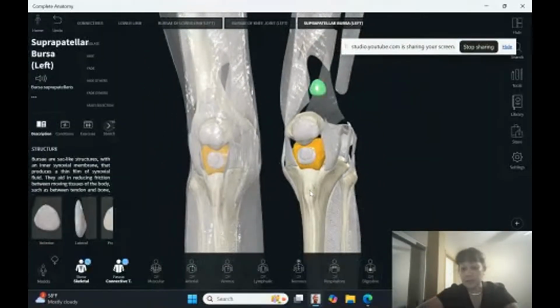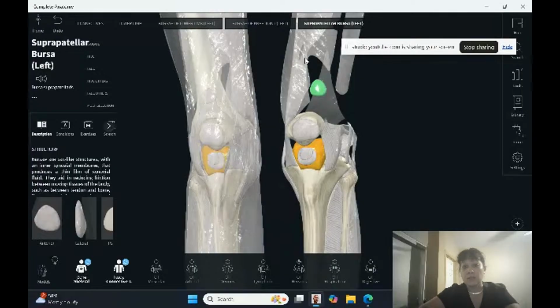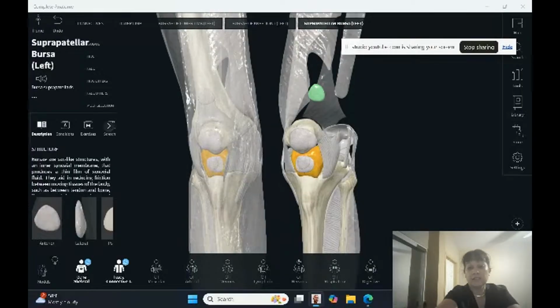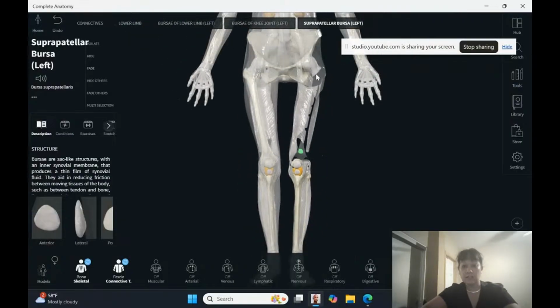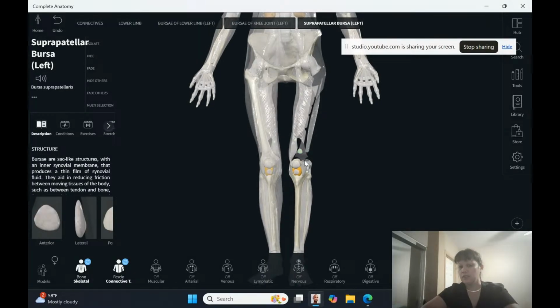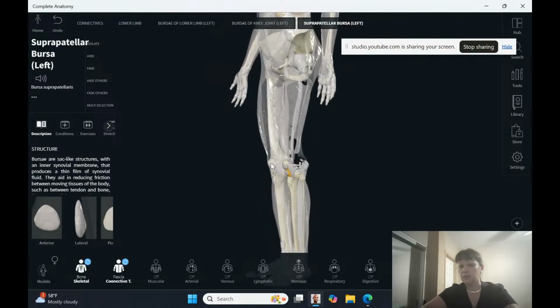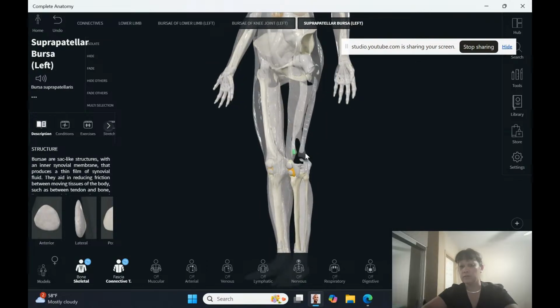Now this is where the patella tendon attaches to anchor the knee down. And then under here, you're going to have the quadriceps tendon that attaches to the patella, and the quad's attached to it. You've got your intermediate quad, your vastus lateralis, obliquus, and your lateral head of the quad. But those don't actually cross the knee joint.